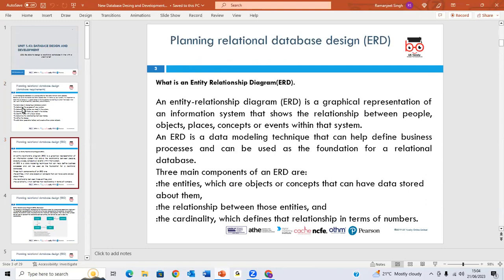So this is simply a graphical representation of all the information that we have regarding our object. As we mentioned, there are two types of database management system, which is relational and non-relational.